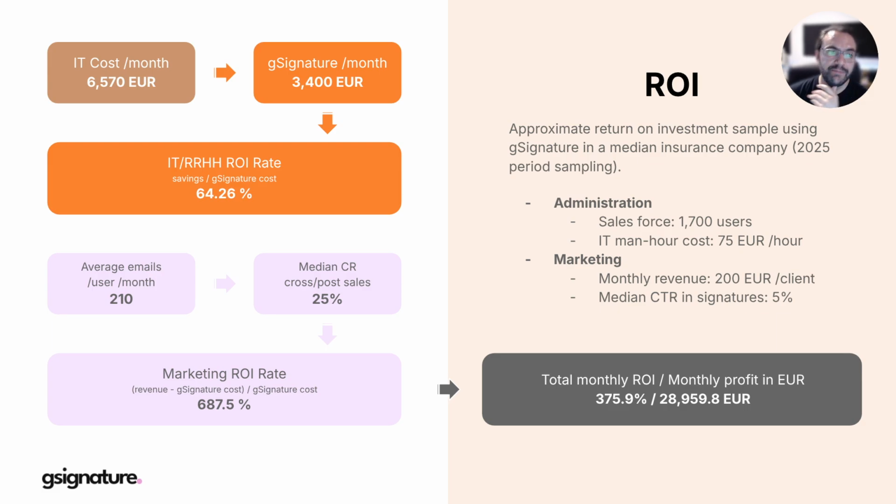Okay. So, return on investment. On this slide, we pulled data from a sample group of insurance companies, primarily based in Europe, if I recall correctly. This represents a median company, around 1,700 users and an IT hourly cost of 75 euros, and an average revenue per customer of about 200 euros per month.